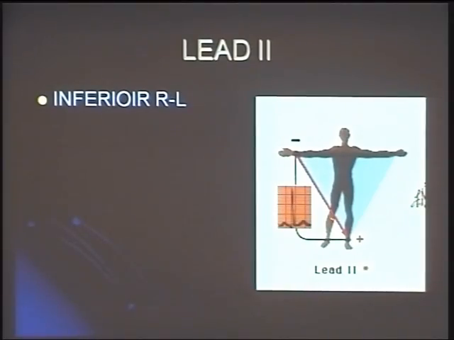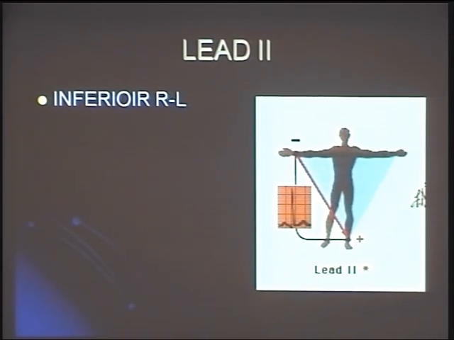So lead 2 records the inferior vector which is directed towards the left. So inferior and left vector is recorded by lead 2. So lead 2 is what lead? It's one of the inferior leads. It is not inferior to anybody. It records the inferior surface. That's why it is one of the inferior leads. Lead 2 is recording the inferior surface.